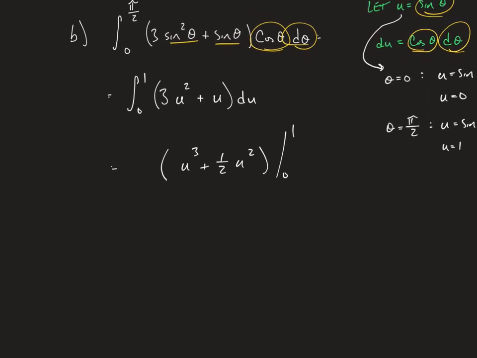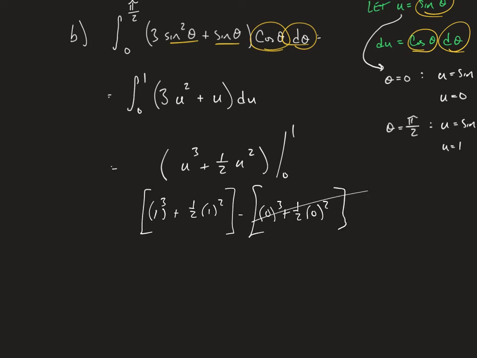So I am going to have 1 cubed plus 1/2 times 1 squared, minus 0 cubed plus 1/2 of 0 squared. This is all going to go to 0, so it really just matters what came out of here. That's just 1 plus 1/2, which is 3/2.